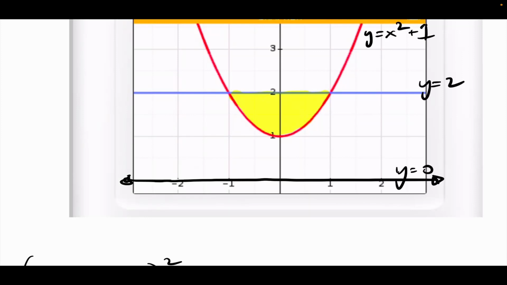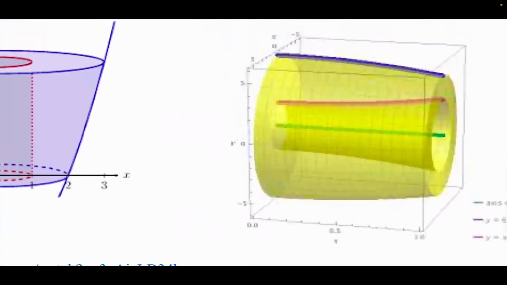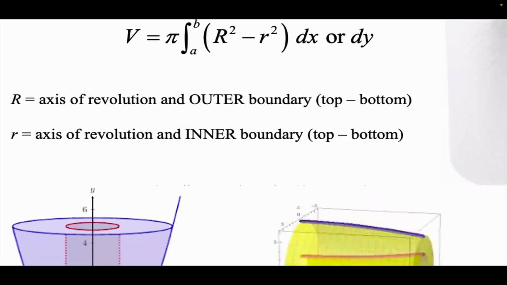Okay, so we saw in our notes, big R is the outer boundary. The outer boundary is from the top of the shaded part to the axis of revolution. That's the outer. So let's go look at ours.